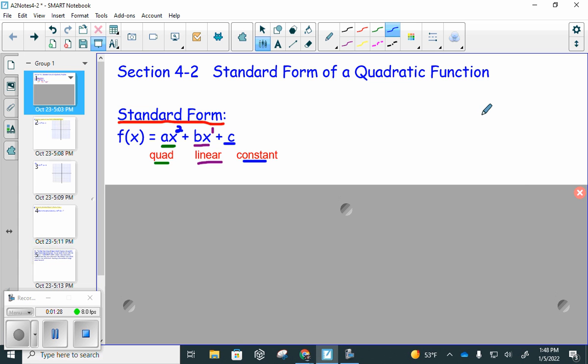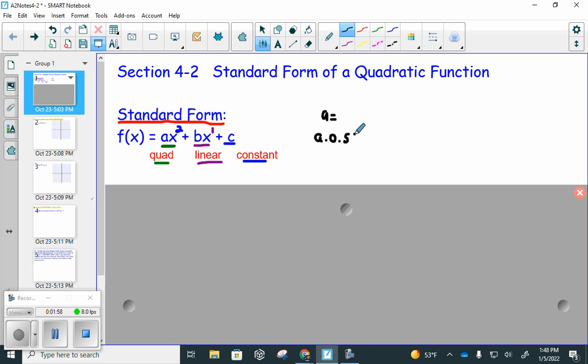We're still going to have to know how to find the 5 criteria for graphing, and just reviewing from previously, you have to give me the A. Remember, A determines the steepness and the direction of the parabola. You're going to then give me the axis of symmetry. Before we abbreviated it AOS. Remember, that is the imaginary line that goes through the middle of the parabola.